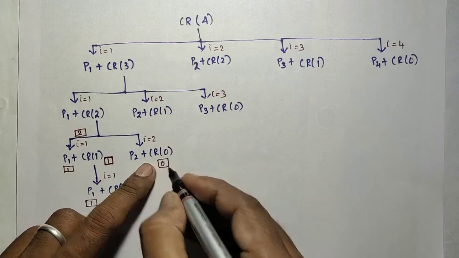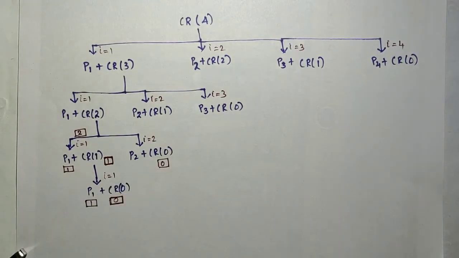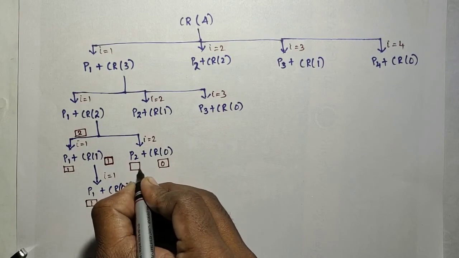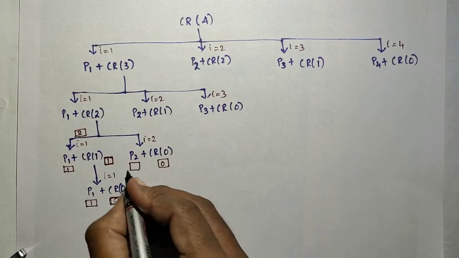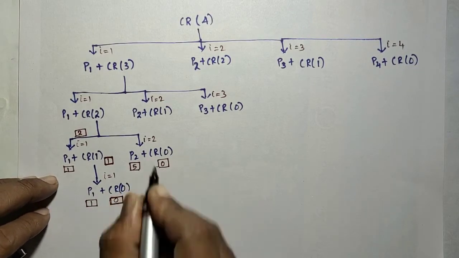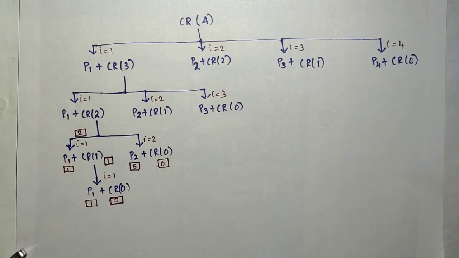So CR of 0 means again it will call it and it will return the 0. And the p2 value is taken from the table, that is the array. P2 is 5. So 5 plus 0 is 5. The p1, p2, p3 values will be taken from that array.